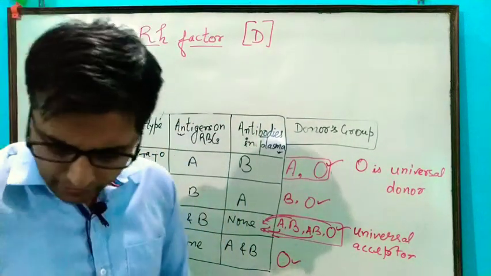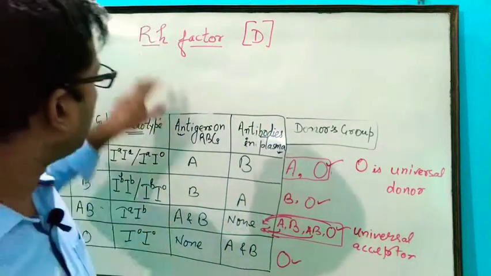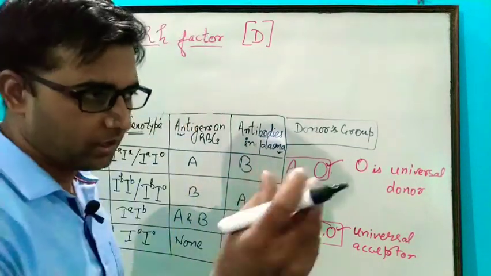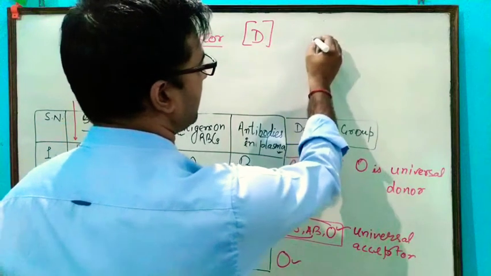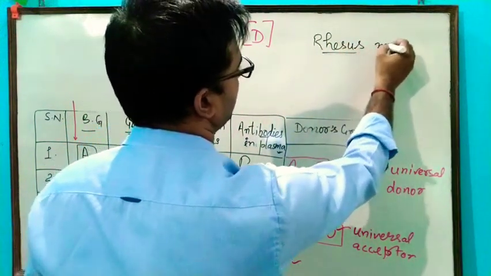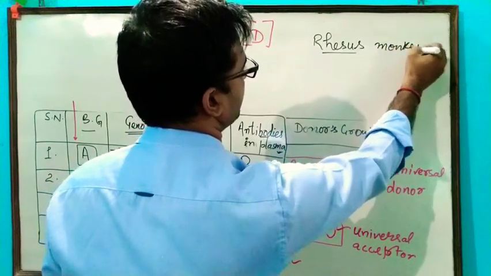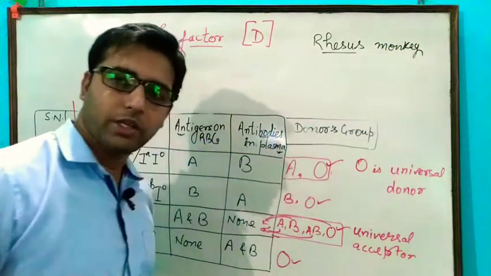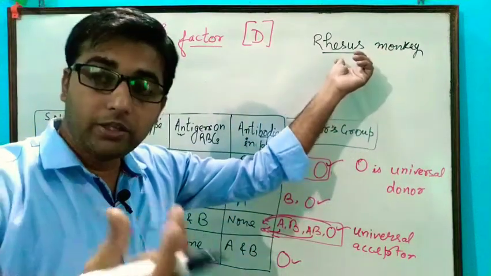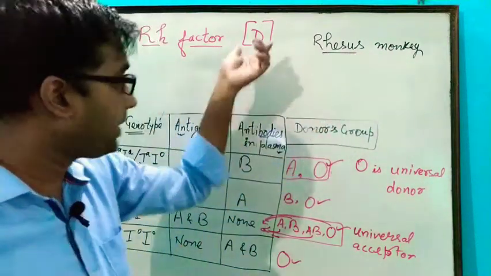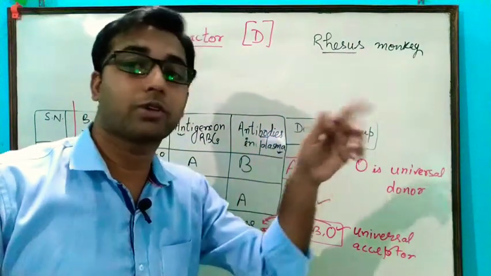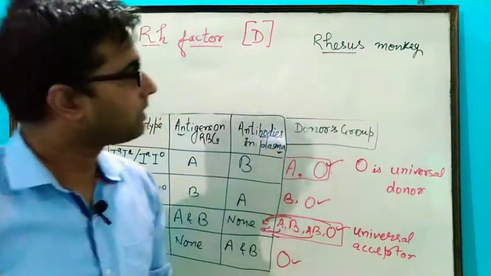Rh factor, actually the Rh name is taken from the monkey, the rhesus monkey, because initially it was found that the antigen called Rh or D antigen is present in the rhesus monkey, and later on it was discovered in human beings.